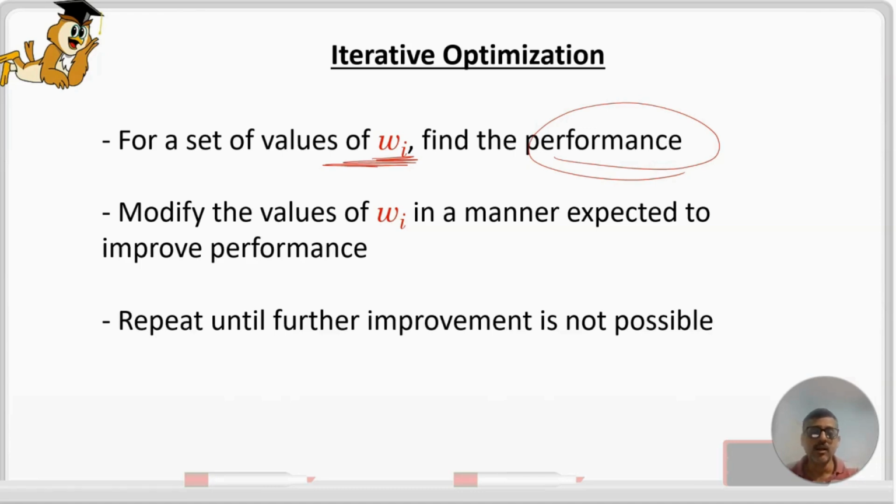You find the performance, then you modify the values of W's in a manner expected to improve that performance. Okay, so you change the values of W so that your performance improves, right? And you keep iterating, or you keep repeating, till further improvement is not possible. This is what iterative optimization is going to do.